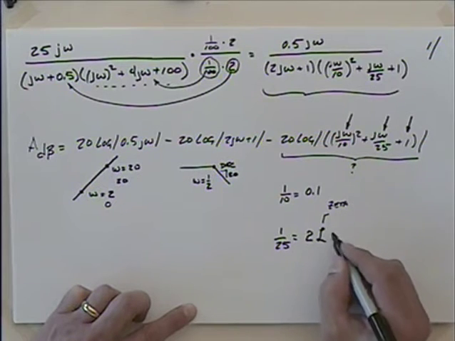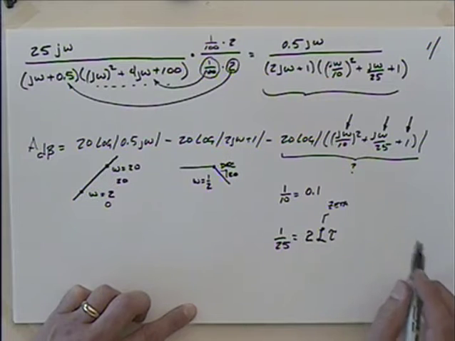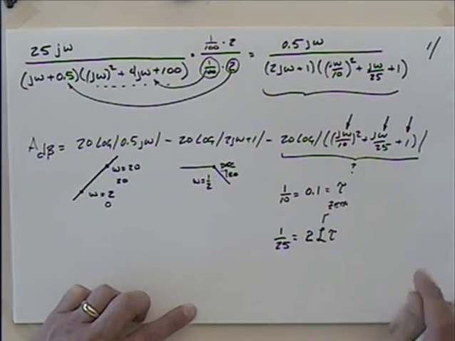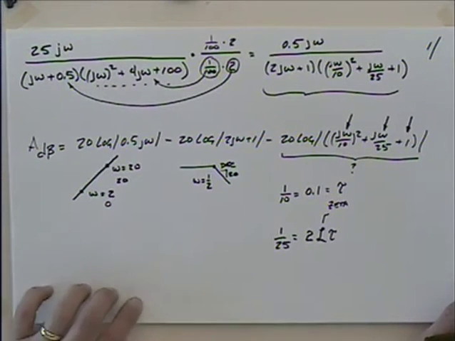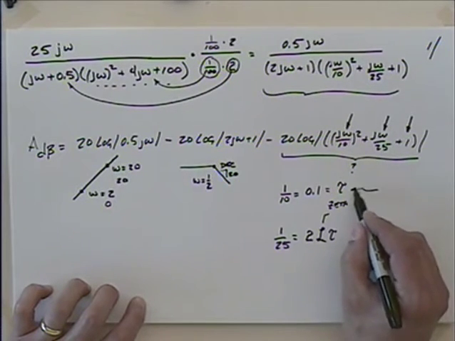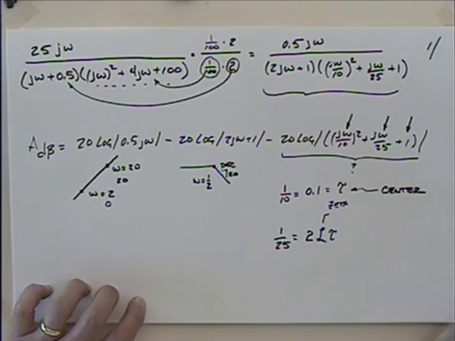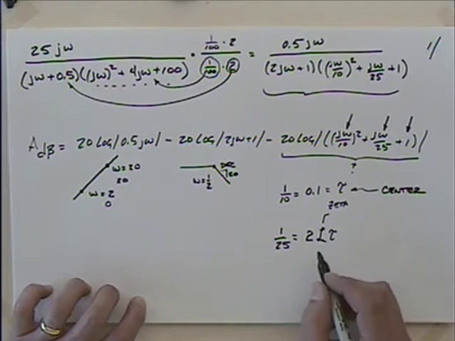Okay, and the 0.1 turns out to be equal to tau. So what this will actually be is where the center is. And then if I know what tau is, I've got 0.1, I can figure out what zeta is, right?